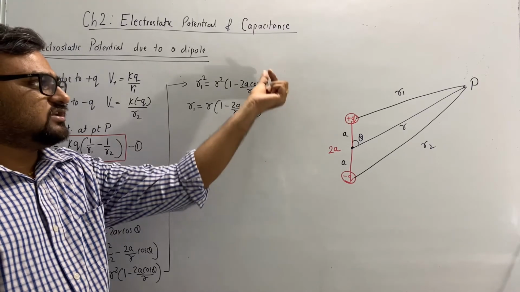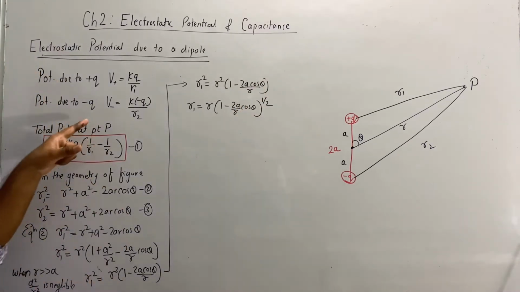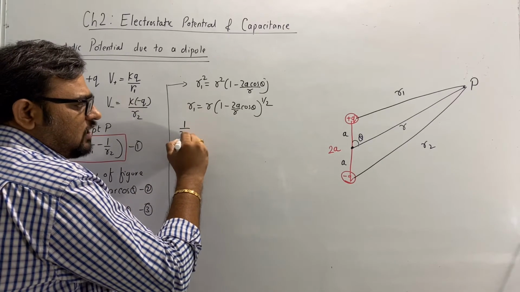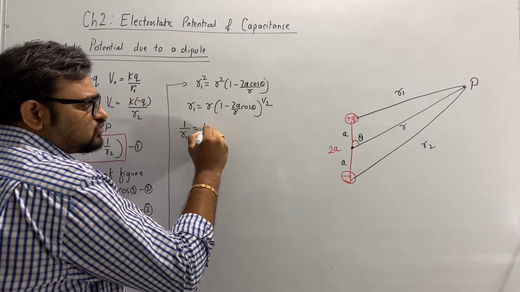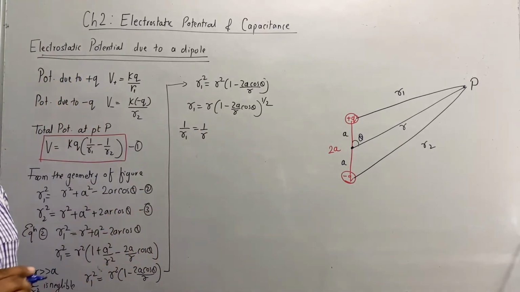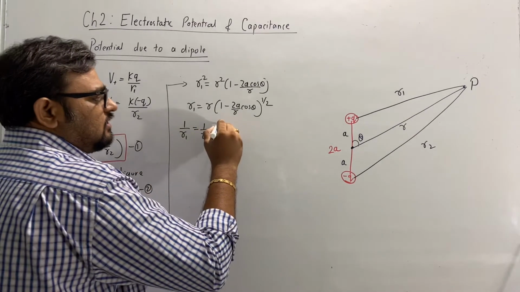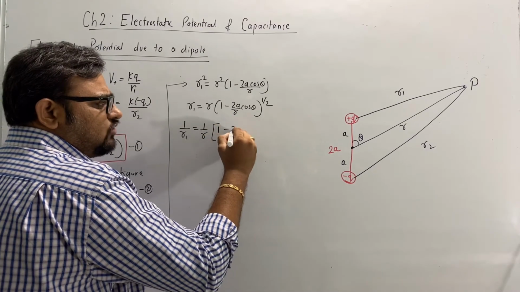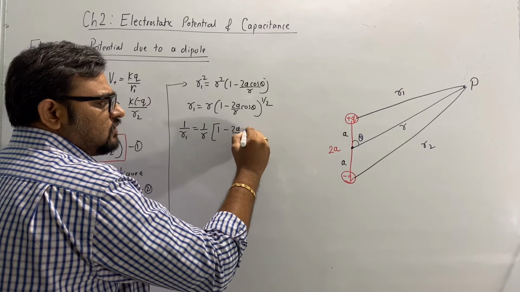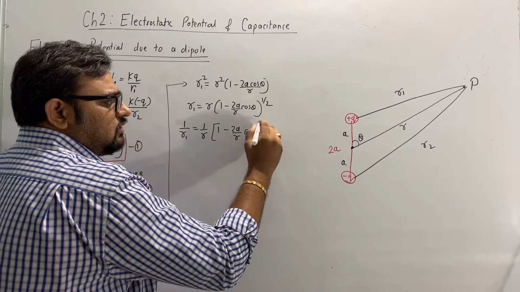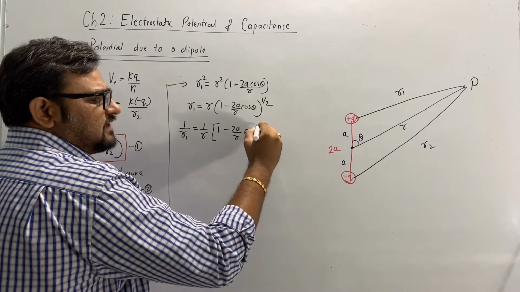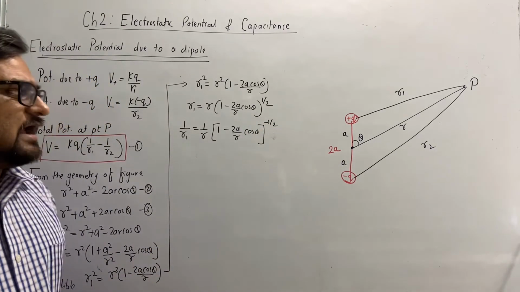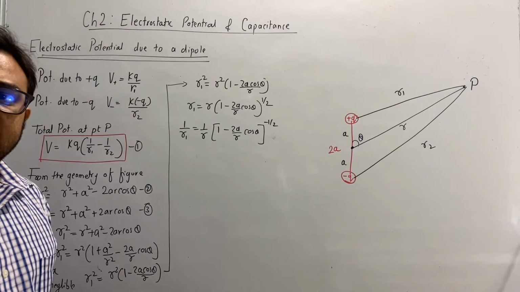Okay, now I want 1 by r1, so reciprocal: 1 by r1 will be equal to 1 by r. Instead of taking it in the denominator, what I will do is raise it to the power minus 1 by 2. Okay, so I'm not taking it in the denominator, I'm taking the power minus 1 by 2.